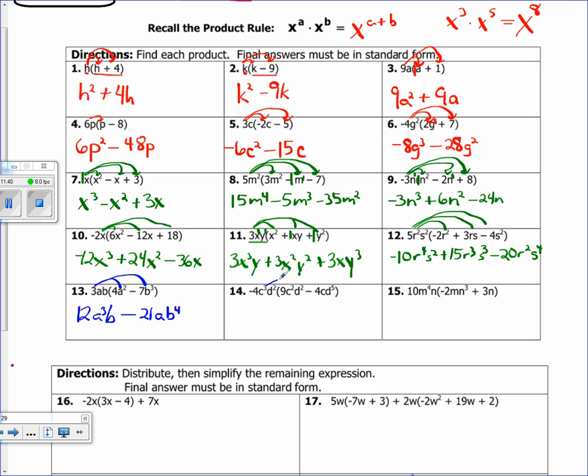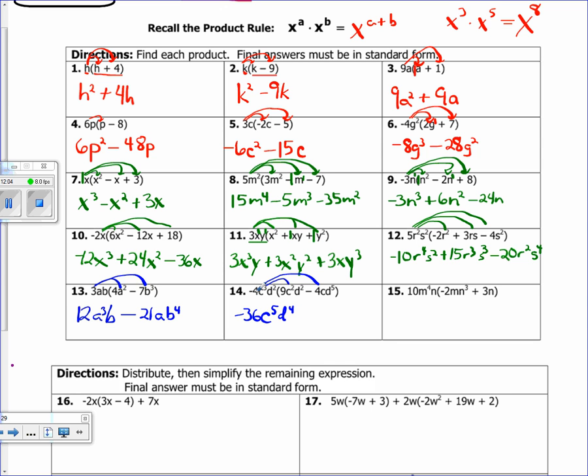Alright, this next one, this has got a lot of stuff going on here. Again, we're distributing. Negative 4 times 9, that's negative 36. C to the third, C to the second, remember we're adding those, that's C to the fifth. D to the second, D to the second, makes D to the fourth.